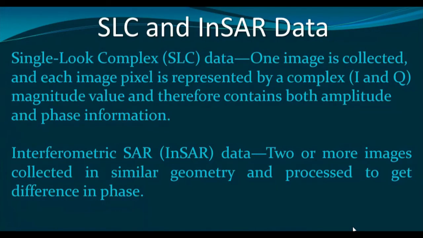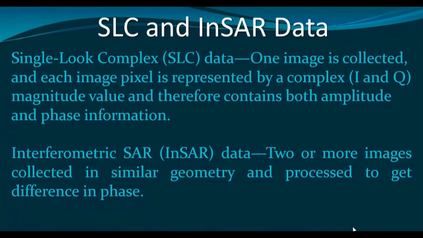three-dimensional terrain model. In addition to the digital terrain model, we can also identify very small objects, even a few centimeters, in case of interferometric SAR. But in case of interferometric SAR, we need multiple images, and these multiple images may be two single look complex data.